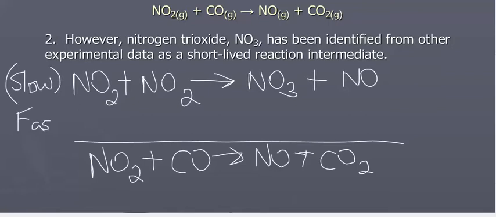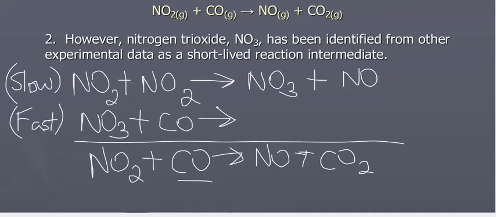In the fast step, NO3 is used up because it's an intermediate. I also need to react carbon monoxide because that's in my final reaction. If I put NO3 plus CO, I have to use up one of the NO2s, and I also need to form CO2. And stoichiometrically that works out.